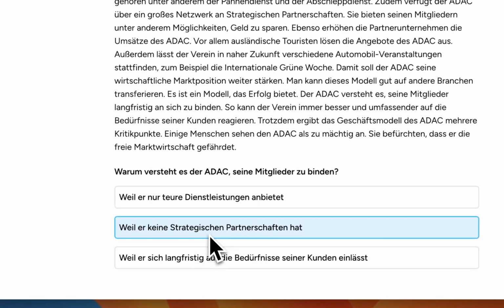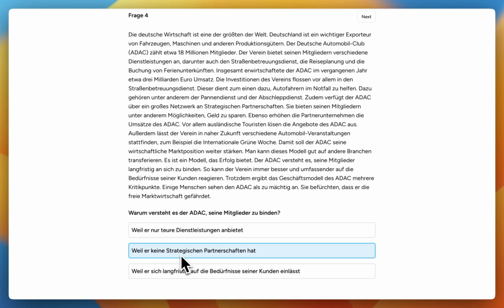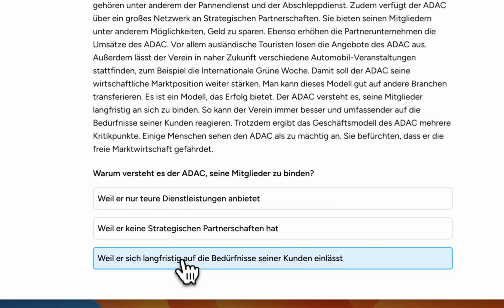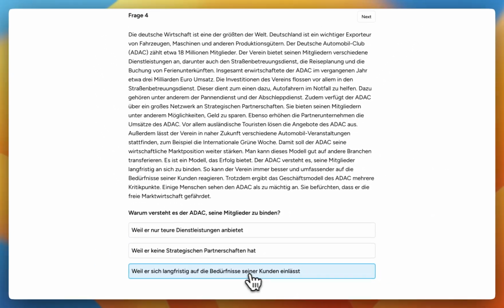While kind strategy Partnerschaften hat. Also they have no strategic partnership. That also doesn't sound right. This might be the correct one, but let's see.